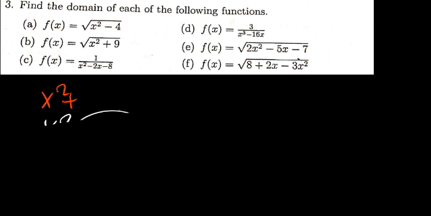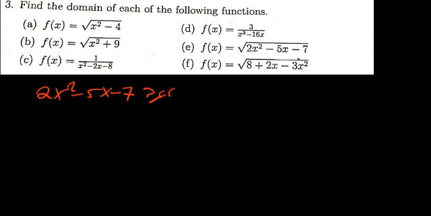Okay. Now I'll jump and go to part E and F before I do C and D. So just get what is in the square root: 2x squared minus 5x minus 7 greater than or equal to 0. For x, the product is negative 14 and the sum is negative 5.